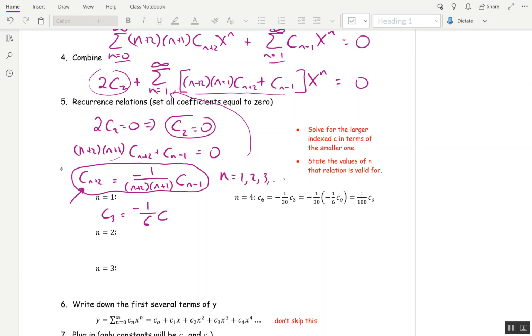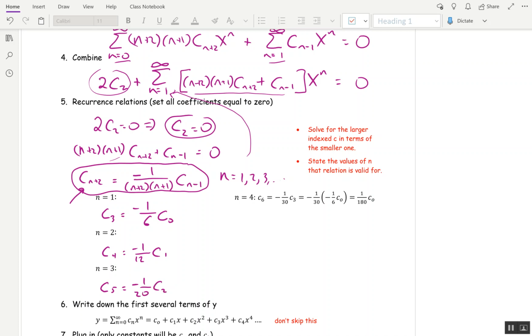All right, and there's nothing to do after that. When n is 2, I have C4 equals negative 1 over 12 C1. Okay, and then when n is 3, I have C5, 3 plus 2 is 5, 5 times 4 is 20. Negative 1 over 20 C2.